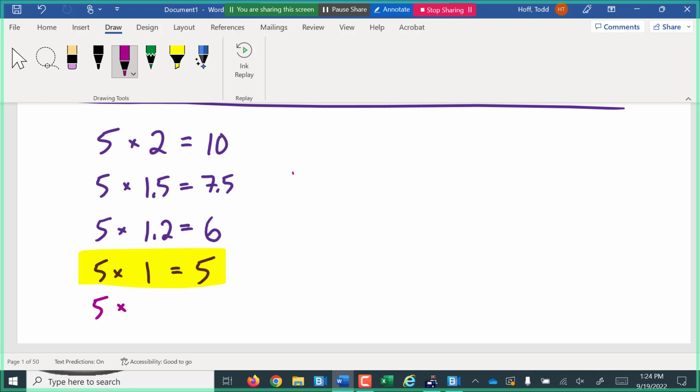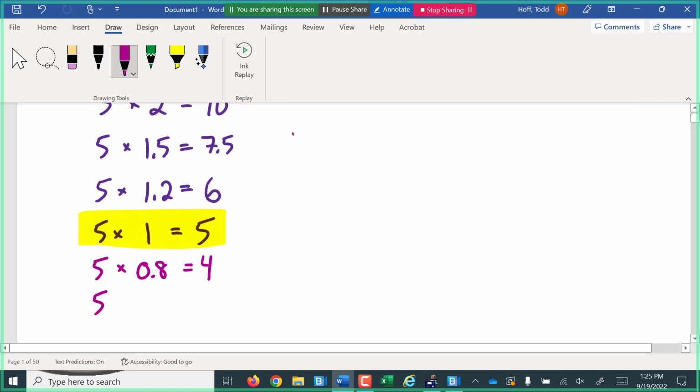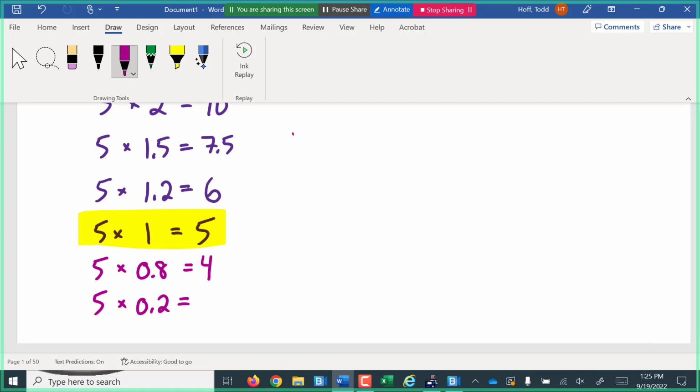If I keep going, 5 times 0.8 will give me 4. Or 5 times 0.5 is what? Oops, I said 0.5, but I wrote down 0.2. 5 times 0.5 would be 2.5. And somebody said 5 times 0.2 is 1.